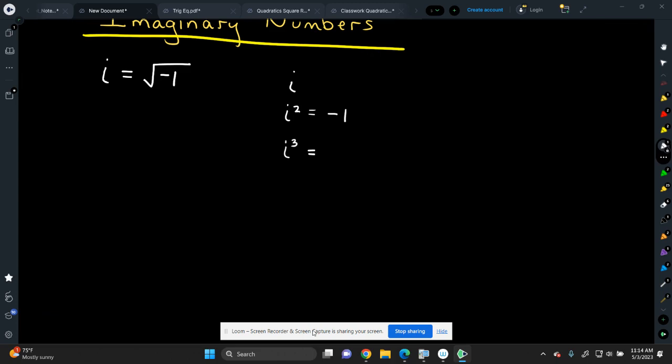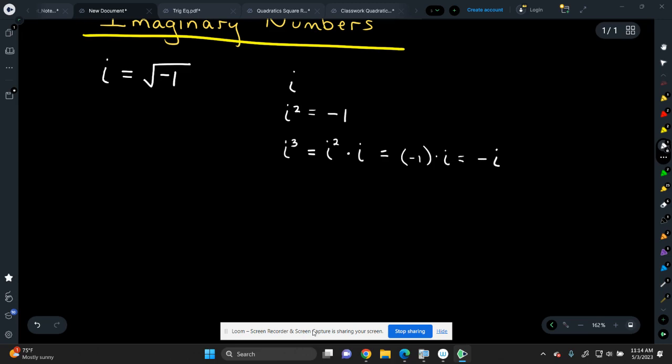Well, let's write that as i squared times i. Does everybody agree that we can do that? Okay, well, what's i squared? Negative 1. So it's negative 1 times i, which is negative i. So right now I have i to the first, which is i, i to the second, which is negative 1, i to the third, which is negative i.